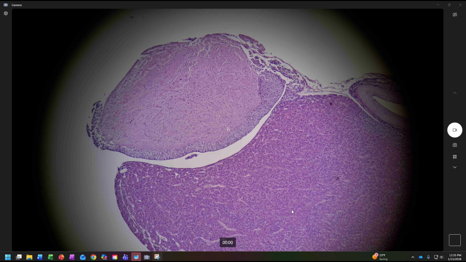So this is the anterior pituitary. This one over here is the posterior pituitary. Now remember, the posterior pituitary is really an extension of the hypothalamus, which is a brain structure, which is mostly neural tissue.